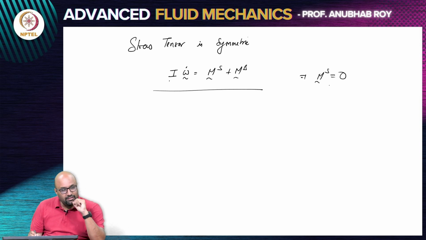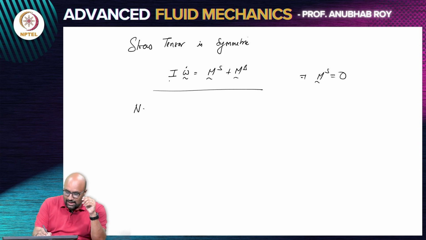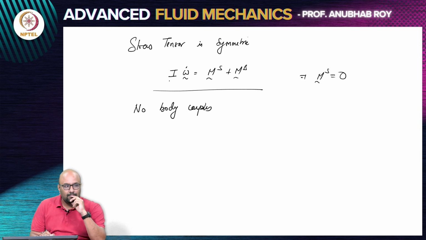So the assumption that we have made is that in the fluid, we have said there are body forces and they generate a moment. But we have assumed, without explicitly stating, that there are no body couples. I have not stated this, but we have assumed this. Otherwise, there would be an additional body couple that should be there.